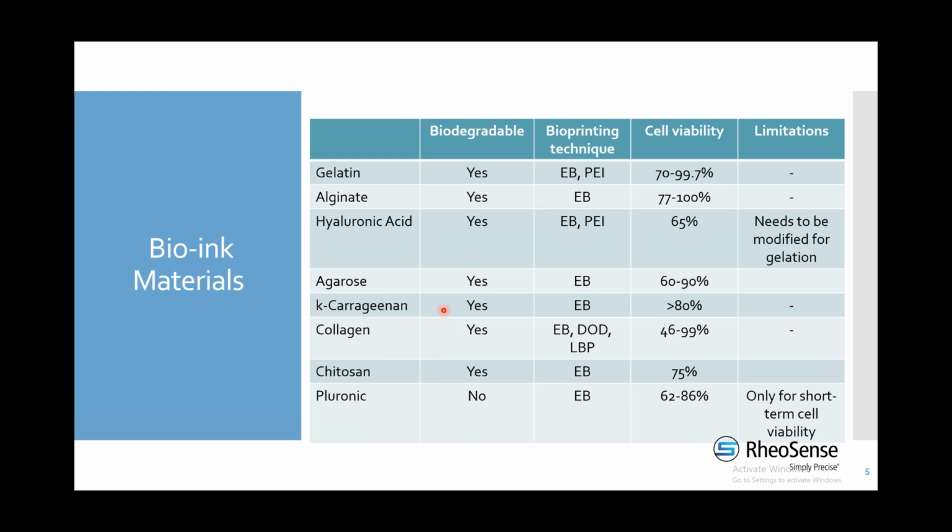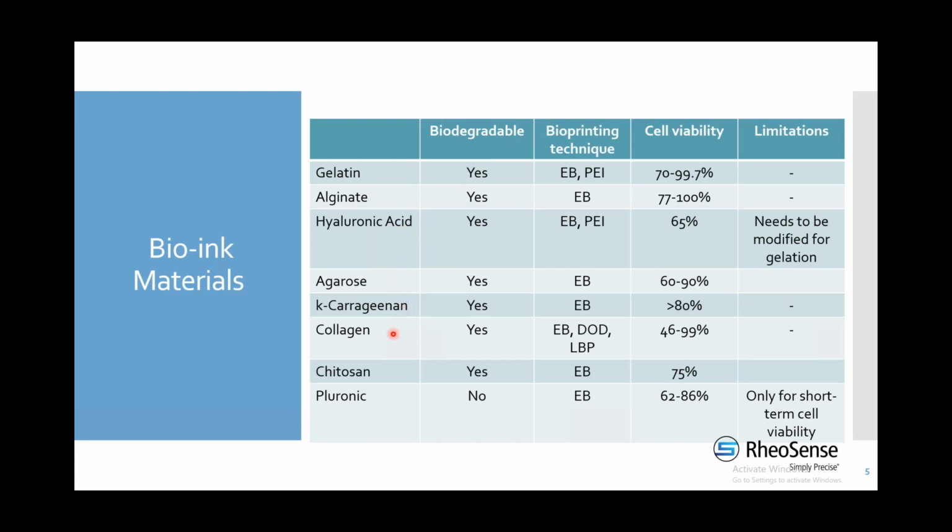This table shows some of the most commonly used hydrogels in 3D bioprinting and their characteristics, such as biodegradability and cell viability, as well as the bioprinting technique that can be used for each material. Some of these hydrogels, as you see, include gelatin, alginate, hyaluronic acid, agarose, Carrageenan, and collagen.